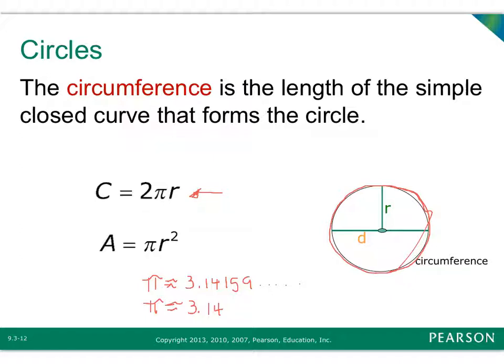The area of a circle is equal to pi r squared. And again, pi is approximately 3.14. You have a pi button on your calculator which you can use, and then you can round from there to 2 decimal places.